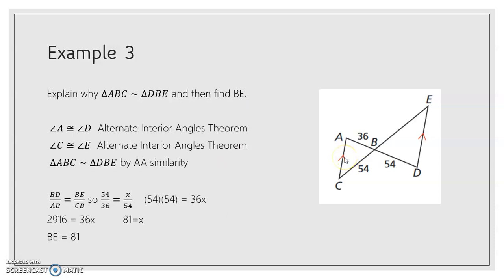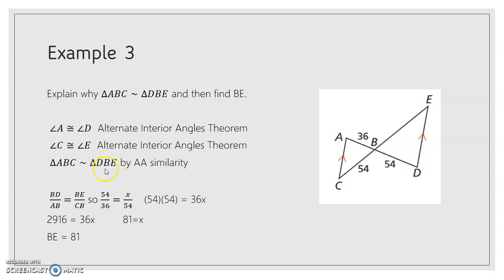So what I figured out was that I have parallel lines, AC and ED, and they're met by 2 transversals, EC and AD. So C and E are alternate interior angles, and A and D are alternate interior angles. So they need to be congruent by the alternate interior angles theorem.